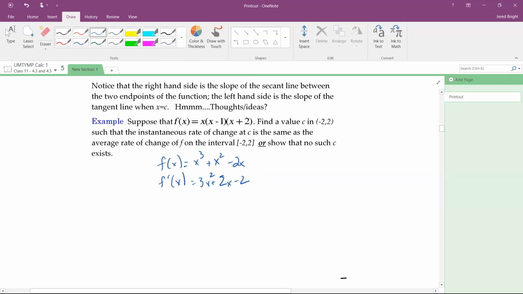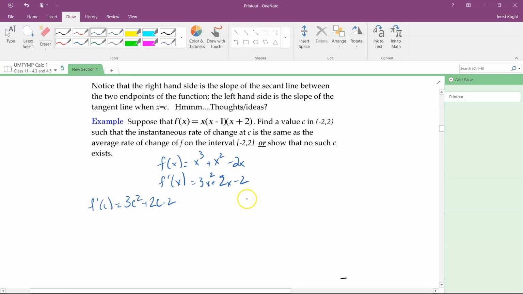Okay, and so if I identify that there is some point c in here, I would have f prime of c equaling 3x squared plus 2x minus 2. And that should all be c's, I'm sorry. Let's change those to c's. So this is the instantaneous rate of change.